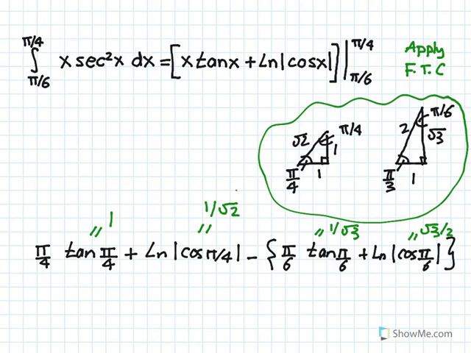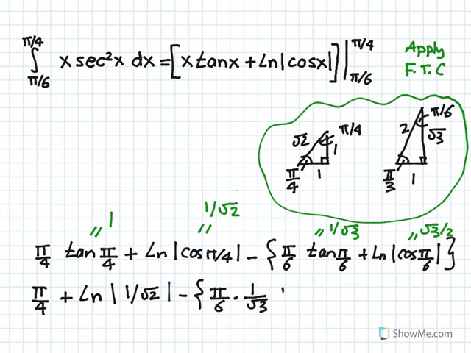So the answer is going to be pi over 4 times 1, that's just pi over 4, plus log of absolute value 1 over root 2, minus pi over 6 times 1 over root 3, plus log absolute value root 3 over 2. Now, because these quantities, namely the 1 over root 2 and root 3 over 2, are positive quantities, we don't need the absolute values.